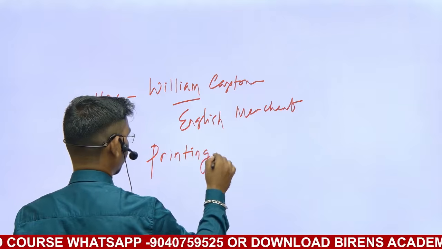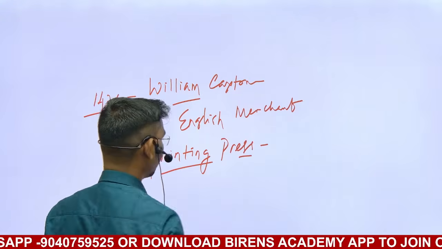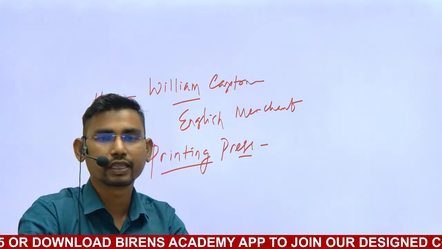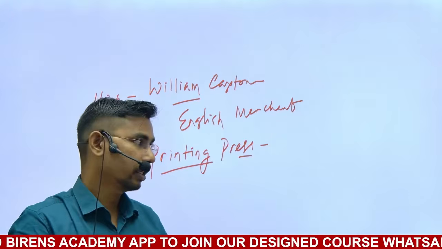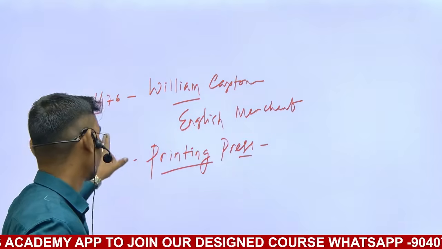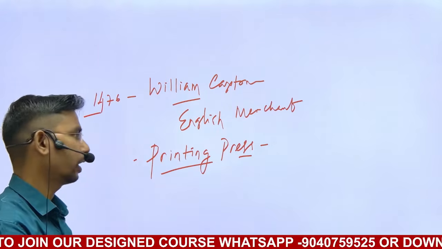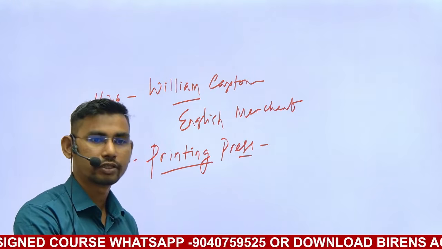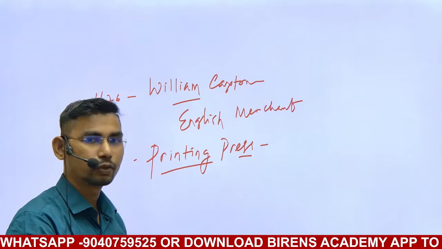Because of that, the Renaissance influence became greater and people started reading printed books. From 1476 onwards, the age of Chaucer onwards, or the Elizabethan era, that paved the way for English literature, and people started liking reading books.